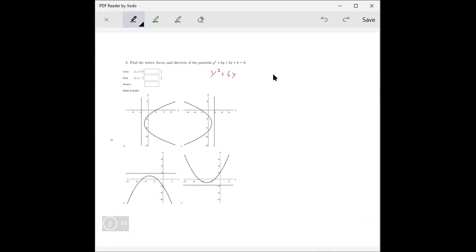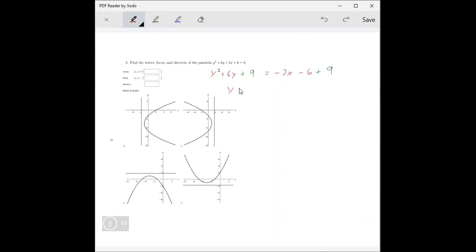Now I'll take this 3x over to the other side, so that's negative 3x. I'll also take this negative 6 over there. So I have my square term on the left, and I have my non-square term on the right. And what I'm going to do here is complete the square by adding a 9 there. But then the other side's going to get really angry at me if I don't add a 9 to that one. So I'll add 9 over there.